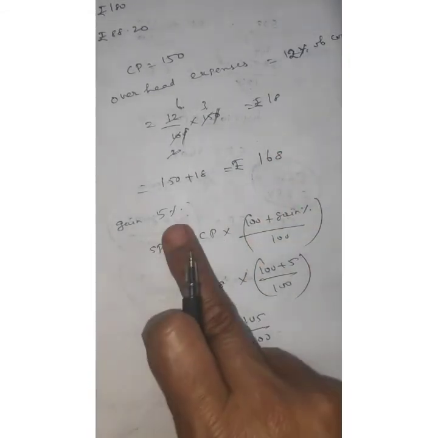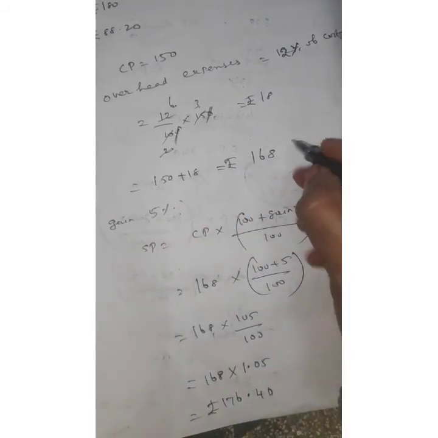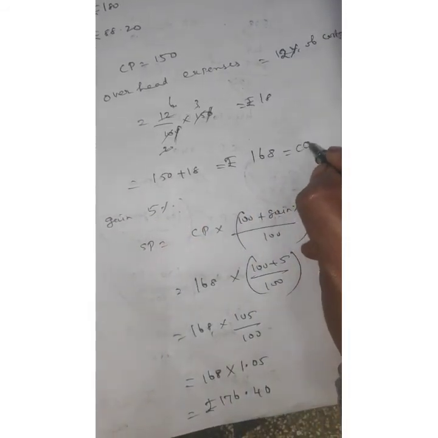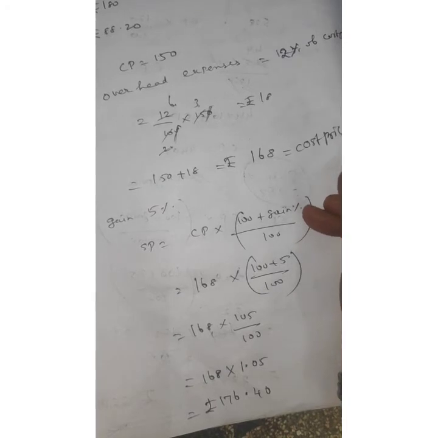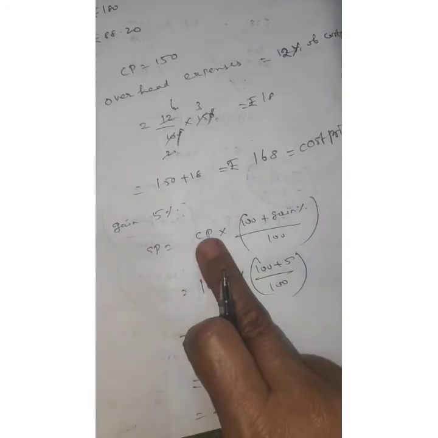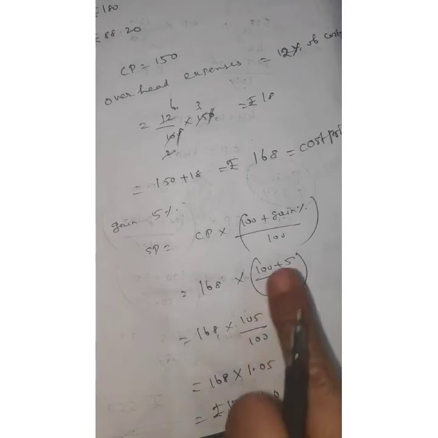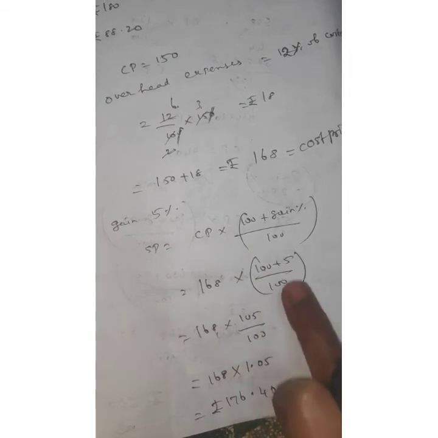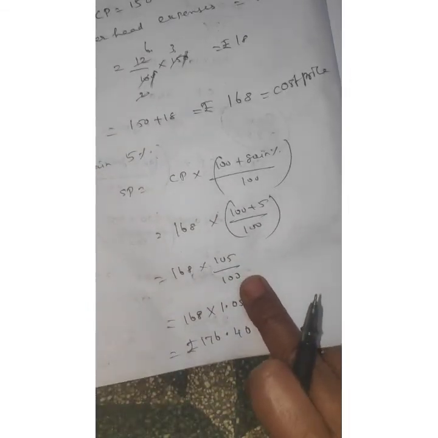Gain percentage is on this cost price. SP equals CP into 100 plus gain percentage divided by 100. So 168 into 100 plus 5, that is 105 by 100.